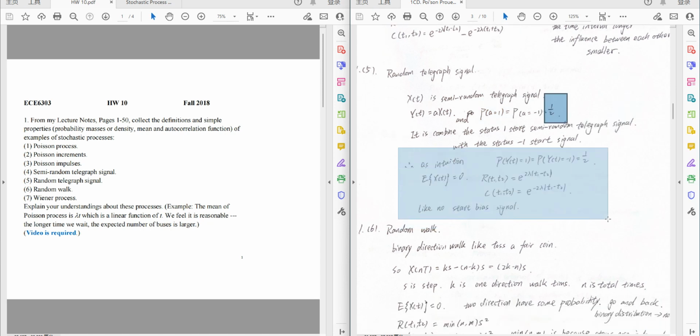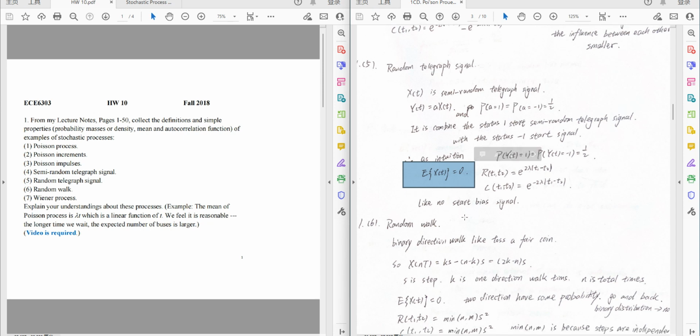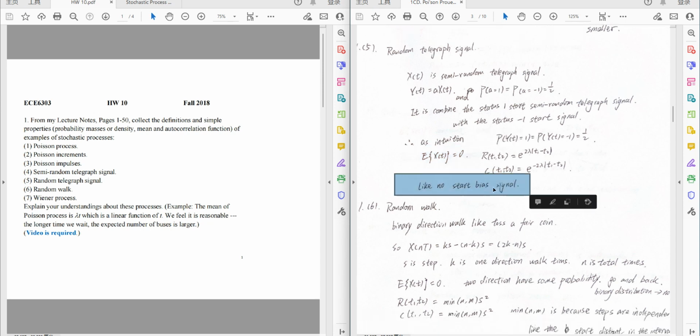So this is really the same as intuition. It combines them, so it can decline the influence from the start. So they all become half, and the expectation becomes zero, like no start bias signal.